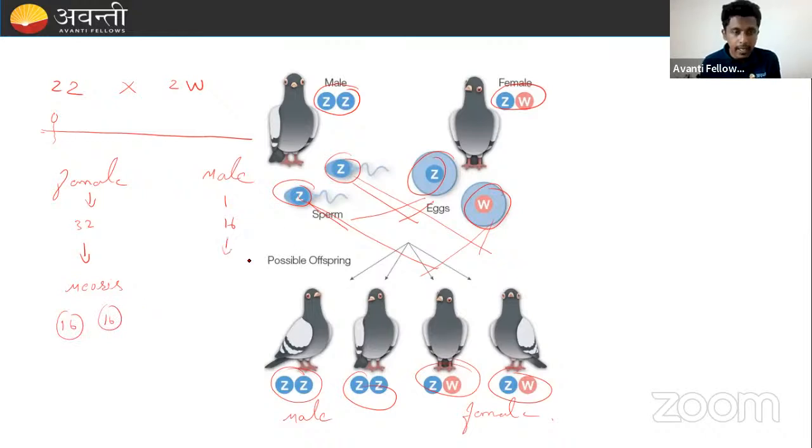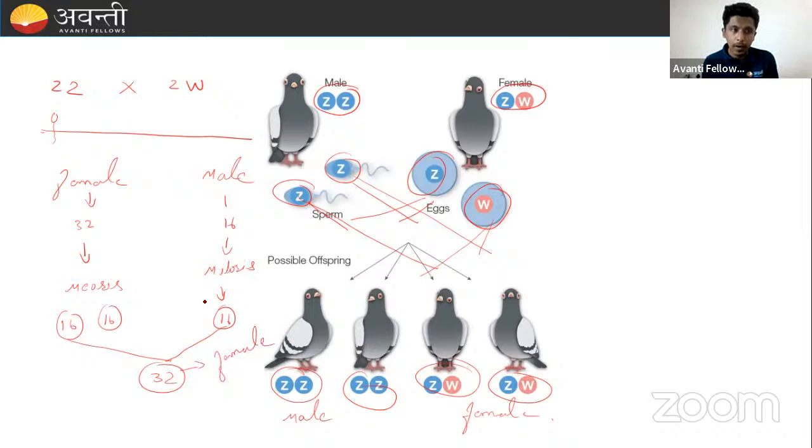Whereas the male, when he produces the gametes, goes through mitosis and produces haploid sperms. Now, if the sperm meets an egg, they will fuse together to produce a zygote, which is 32. This will develop into a female.